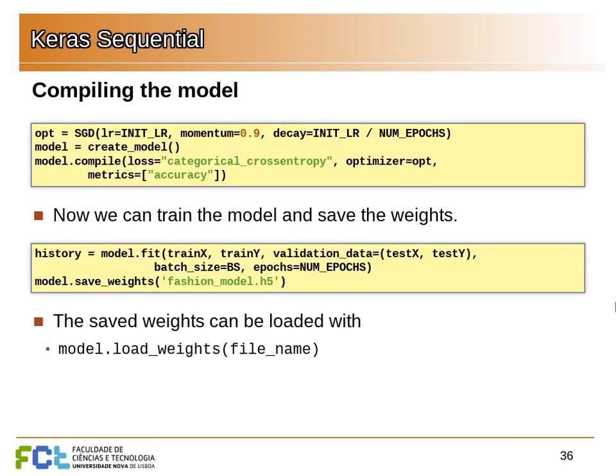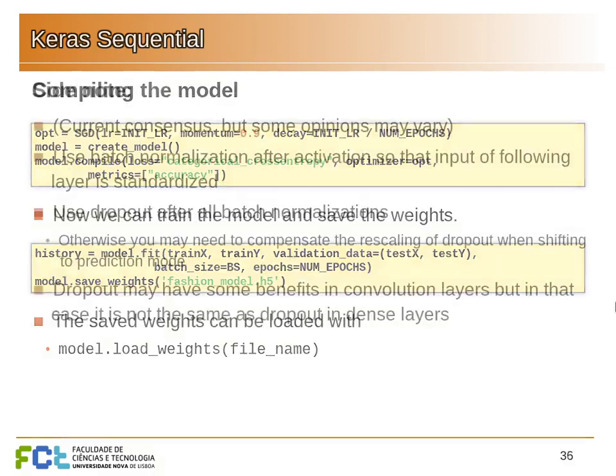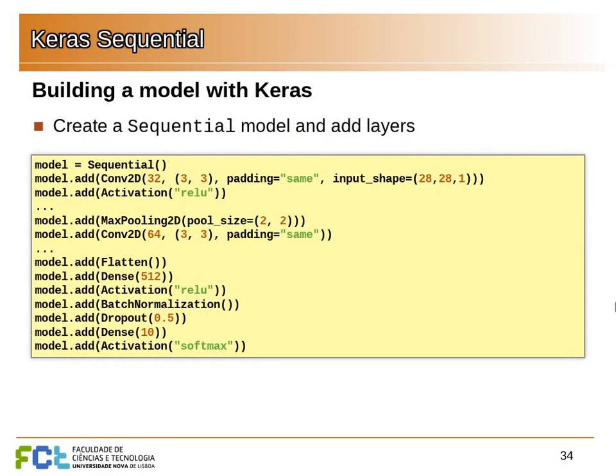But then we need to compile the model. So compiling the model, we give it the optimizer, we give the loss function, and in this case, categorical cross entropy is the one used for the softmax activation when we have a multi-class classification problem. And we have the softmax activation here at the end.